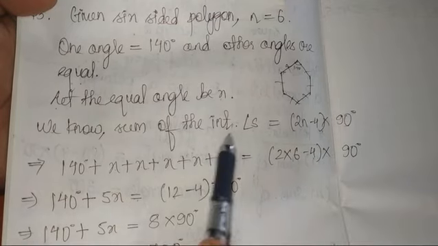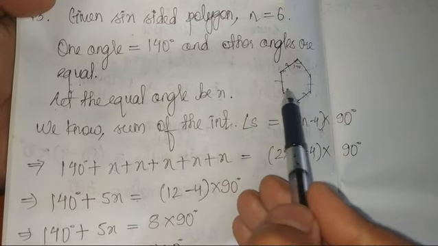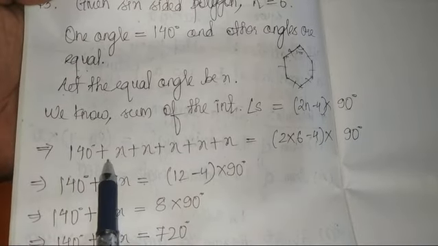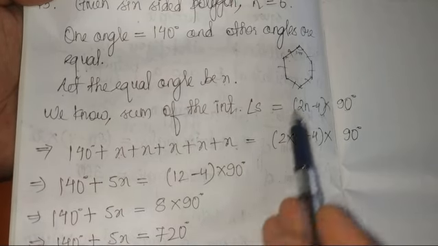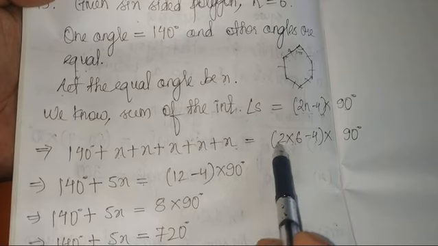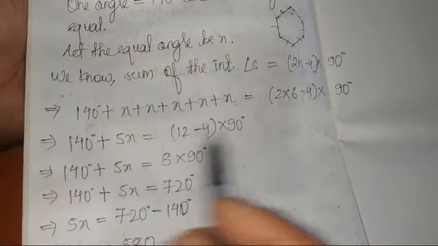So the sum of the interior angles: one of the interior angles is 140, and the others are x, x, x, x, x. If I add them, I get 140 degrees plus x plus x plus x plus x plus x, which equals (2n minus 4) into 90 degrees. Now the value for n is 6, so (2 into 6 minus 4) into 90 degrees.